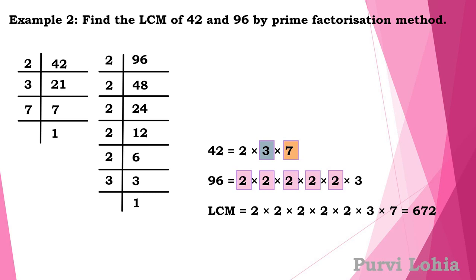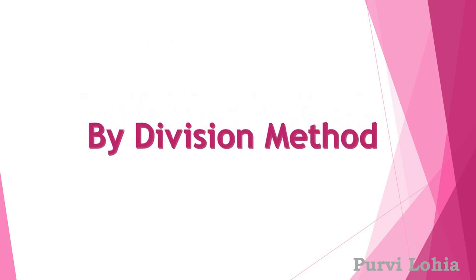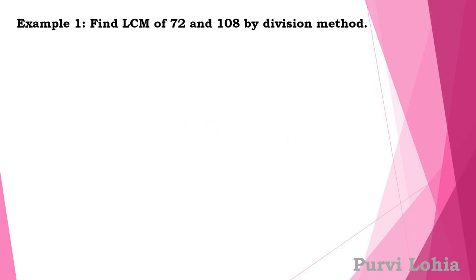Now we come to the easiest method of finding LCM, that is division method. This is the easiest and the fastest method to find the LCM. So first question is, find the LCM of 72 and 108 by division method. So we will write both of them together, and we'll draw a line beside it and below it, and then we will find the lowest prime factor by which both of the numbers are divisible.